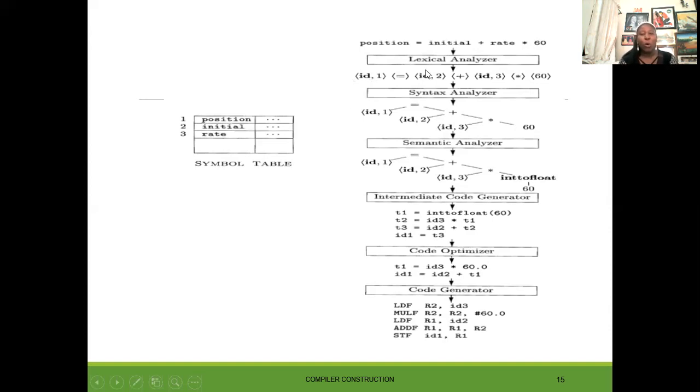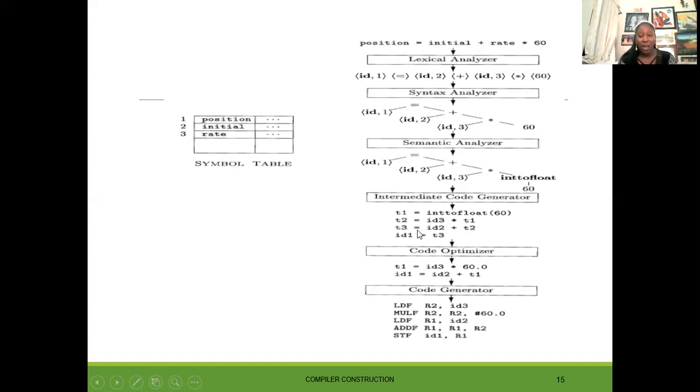And we walk through all of the phases from the lexical analysis to syntax analysis, where we have your parse tree, and then where we have the annotated parse tree. Remember this int to float, we're showing that this is going to be converted into a floating point, and that is shown on that parse tree. And then we have our intermediate code generation.